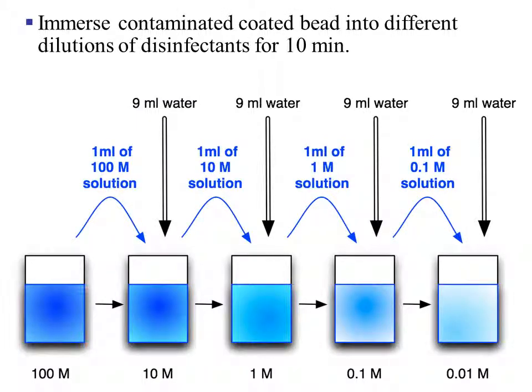The beads are placed into the test tube with the respective bacteria. The bead is allowed to be coated with that bacteria. Then after the bead is pulled out and dried, it will be placed into different dilutions of that disinfectant and allowed to remain there for 10 minutes to allow the disinfectant to kill the bacteria.